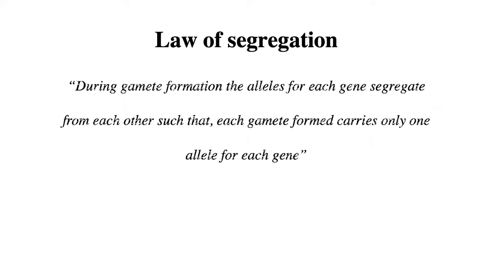Now that we know what alleles are, let us try to understand the law of segregation. The law of segregation states that during gamete formation, the alleles for each gene segregate from each other such that each gamete carries only one allele for each gene. Now we will have an explanation of this law.